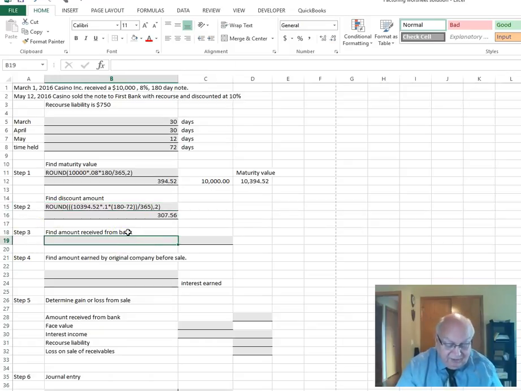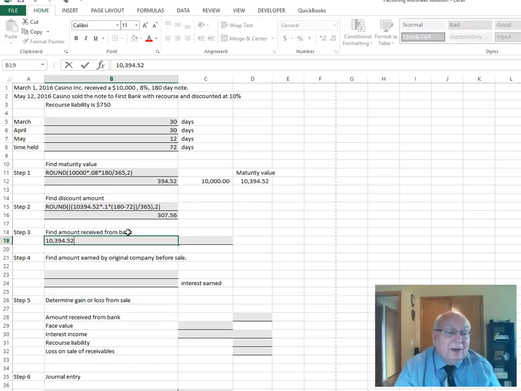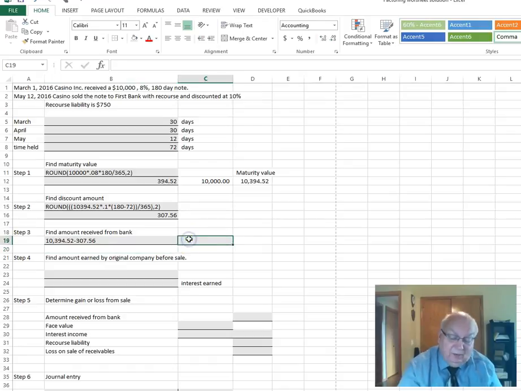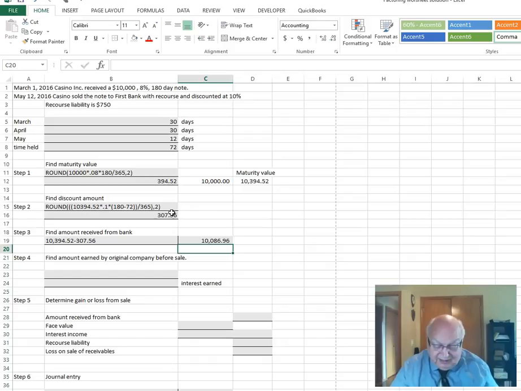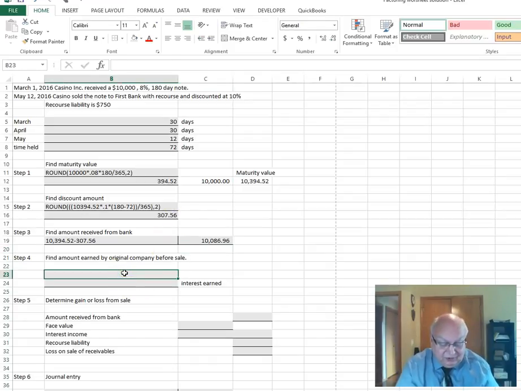So the amount received from the bank will be the 10,394.52 minus the 307.56. If we did that over here, then we'd have this amount minus the 307.56, or we received $10,086.96. That's the amount you'll receive from the bank.